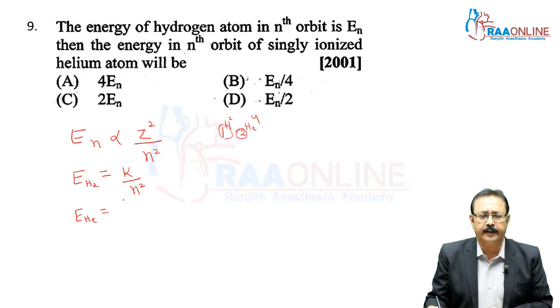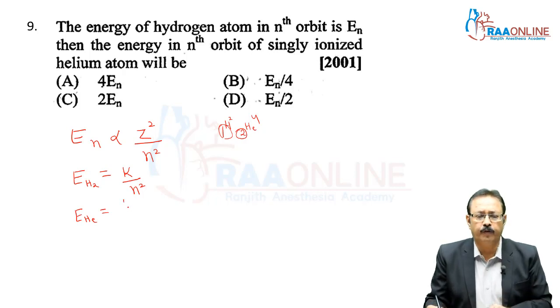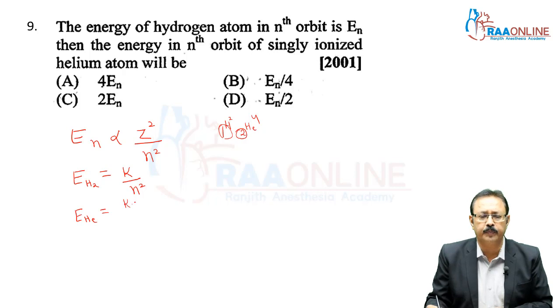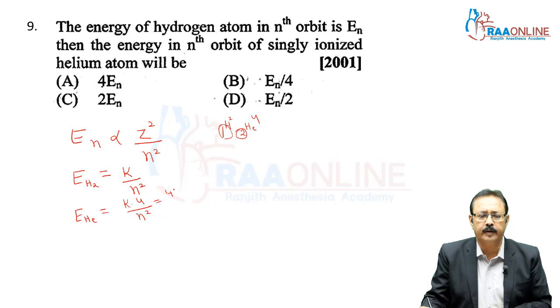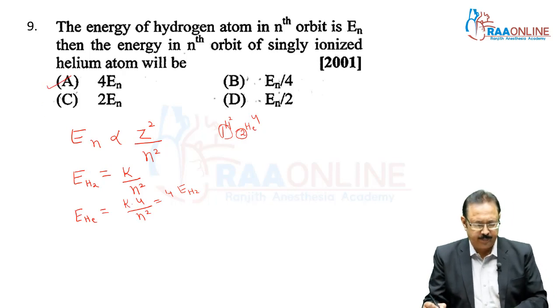So what we are getting? It is 4 divided by K into 4 divided by n square. But what is K by n square? It is EH. So what we are getting? 4 EH. So we will go with A option.